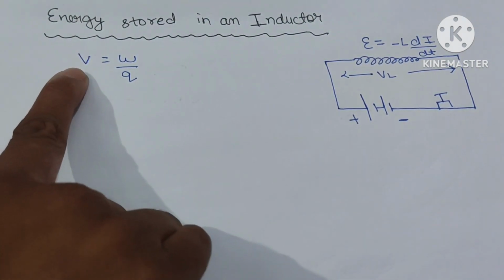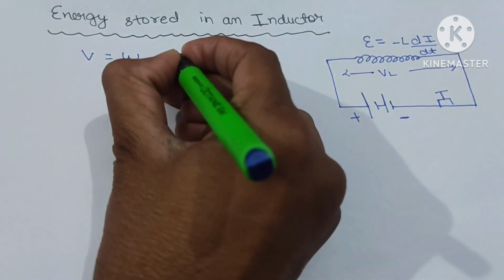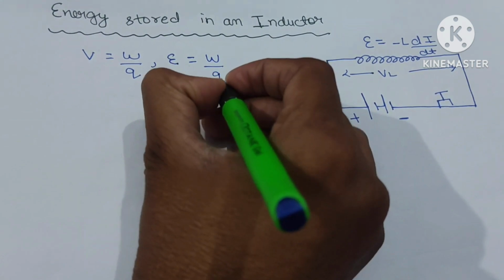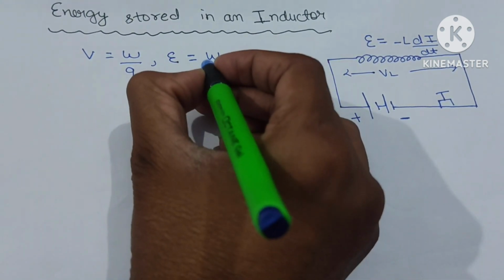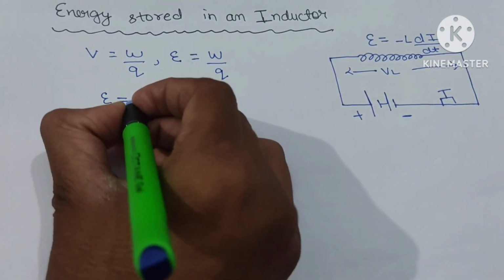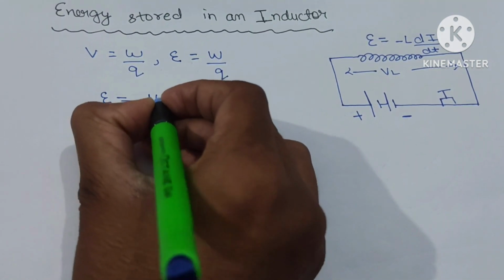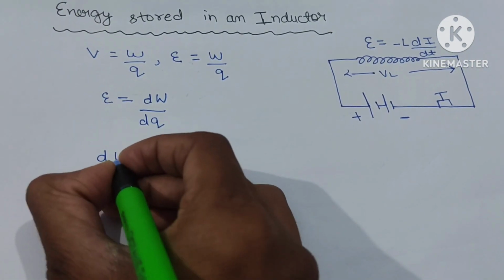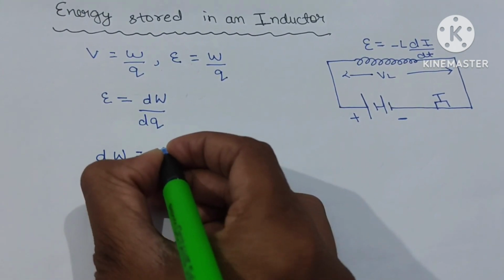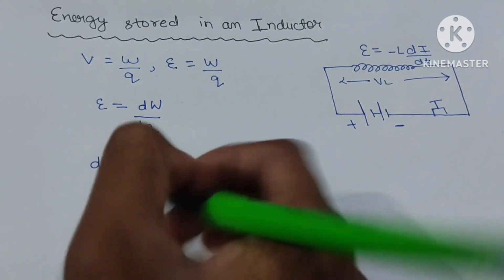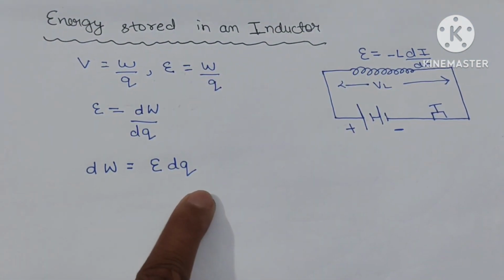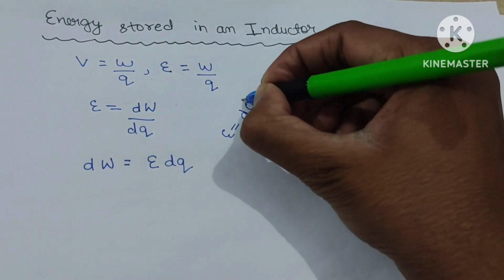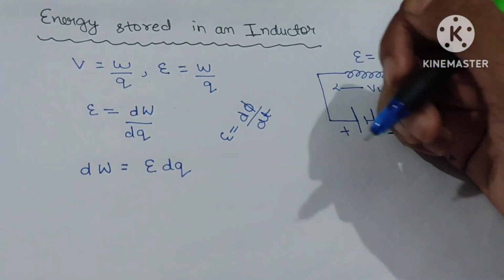But instead of potential difference, we'll take E, the EMF, is equal to W by Q. But here we'll take the work done in elementary form, and also the charge in elementary form. So here dW, the work done in an elementary form, is equal to E dq. Okay, so this is it, and we should know what the EMF is: E is equal to d phi by dt.